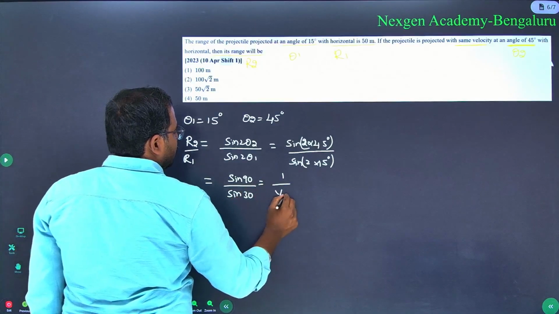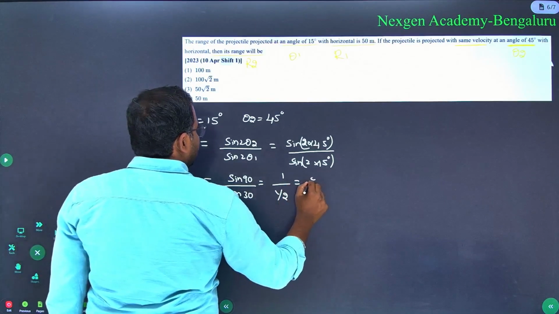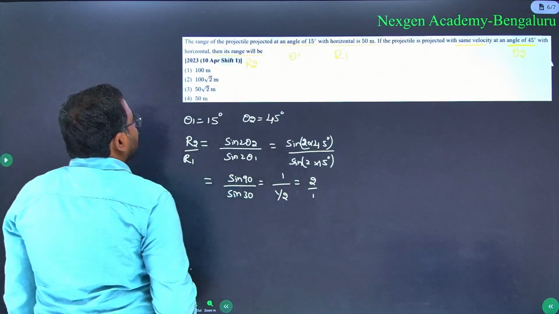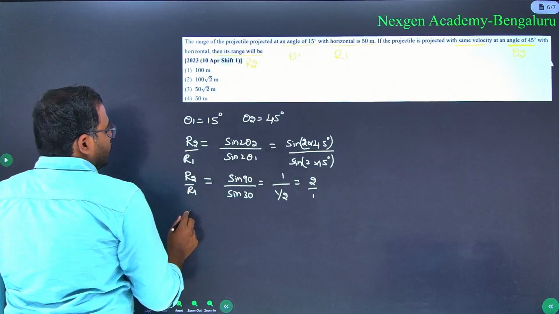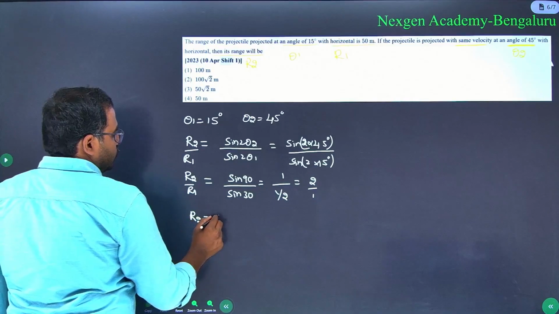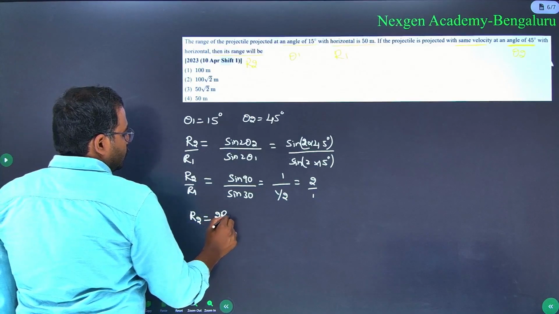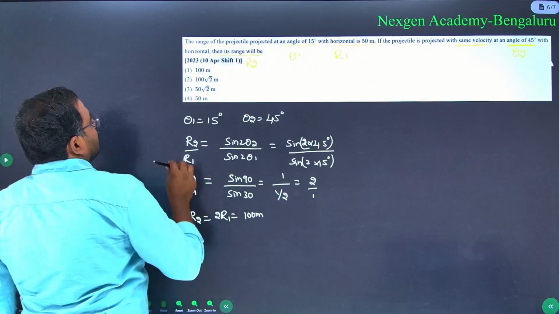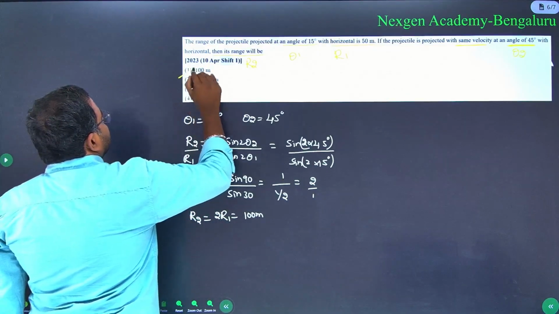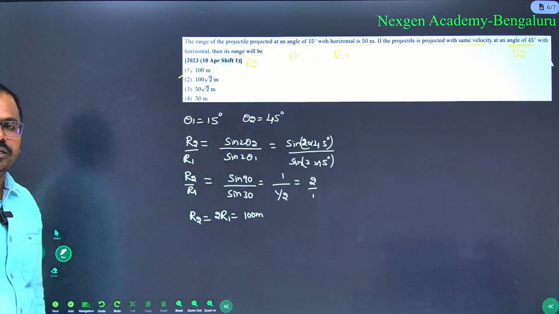So 1 by 1 by 2 is equal to 2 by 1. R2 by R1 equals 2 by 1. So R2 is equal to 2 R1, nothing but 100 meters. Here the first option is correct, 100 meters.